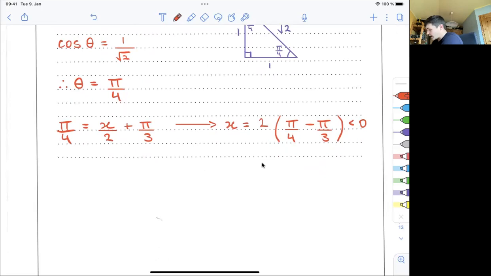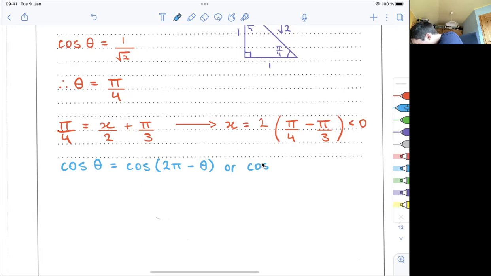So here I'm going to give you a bit of a cos theta rule, or you can figure this out from the cos graph if you draw it out. A hard and fast rule is cos theta is equal to cos of (2 pi minus theta), or if we were in degrees, cos of (360 minus theta).